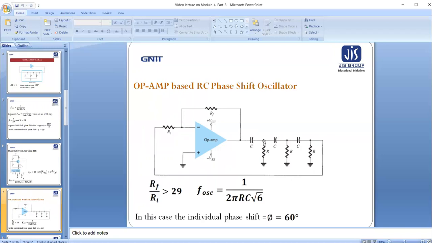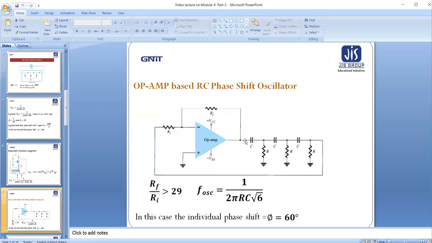After that, again it will pass through the second RC network and the total phase shift will be 60 plus 60, that is 120 degrees. And after the third network, it will produce 120 plus 60, that is 180 degrees.